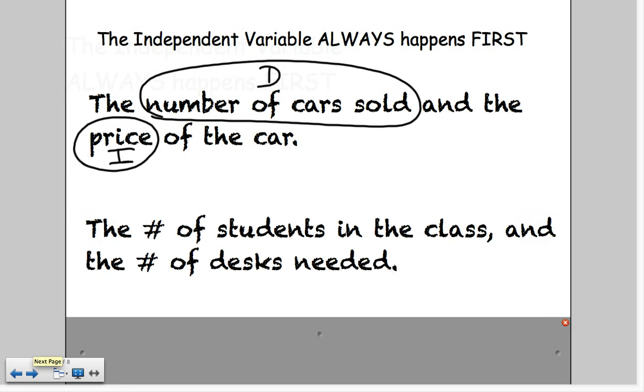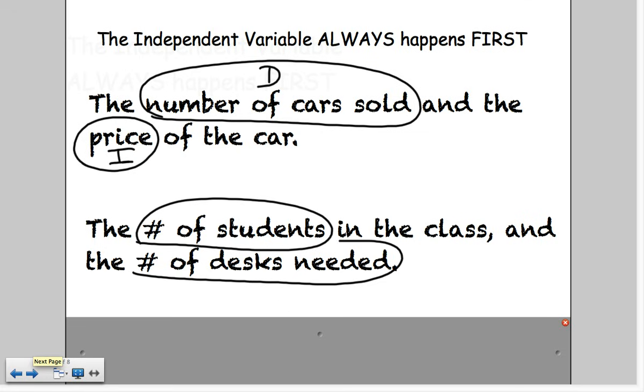All right, here's another example. The number of students in class and the number of desks needed. Now in this situation again, we're going to be trying to find the independent variable first, which is what you have to have first in order for the other one to even matter or be affected. In this case, you have to have students. If you don't have students, there's no need for desks.